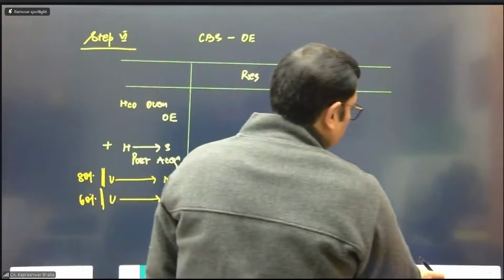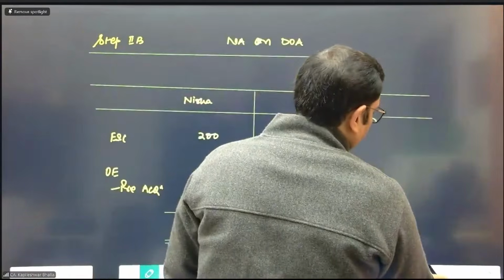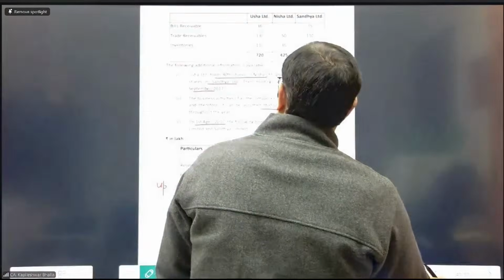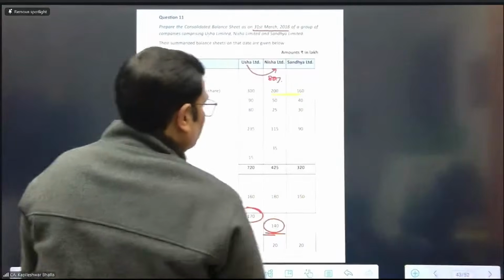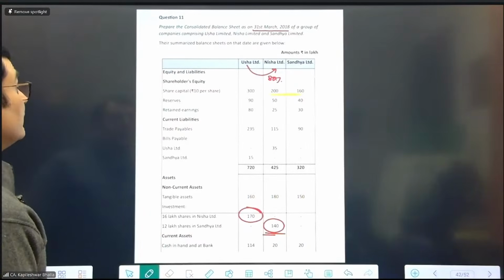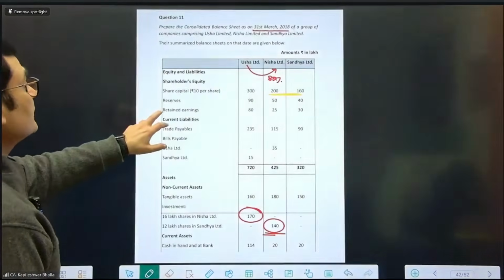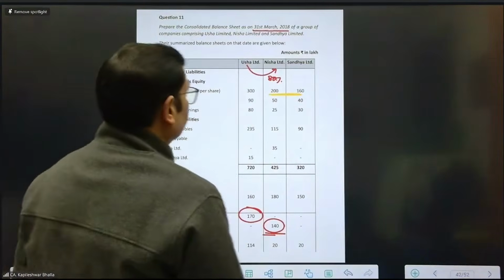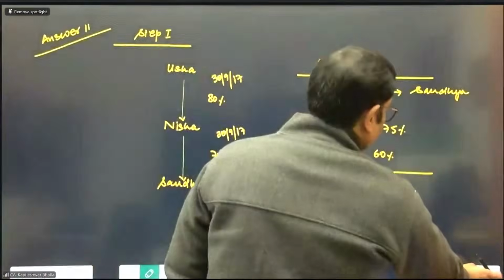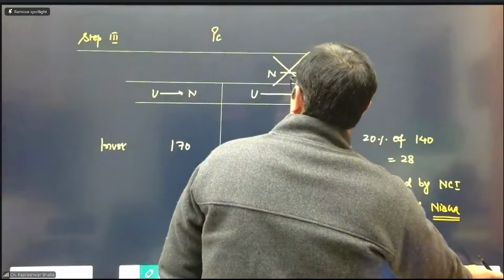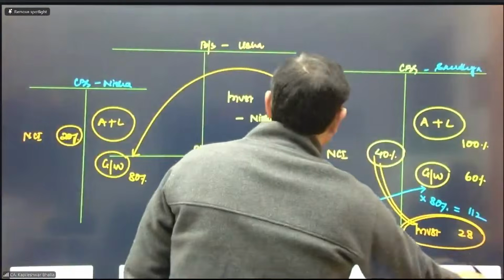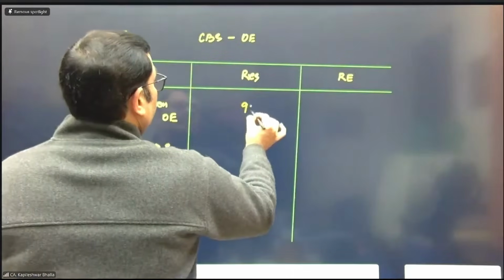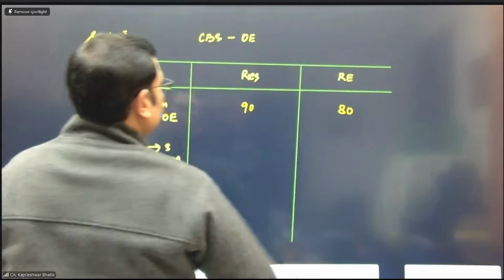Let's go back to the balance sheet of the parent. First of all, in the balance sheet, the reserves are appearing at 90 and the retained earnings at 80.